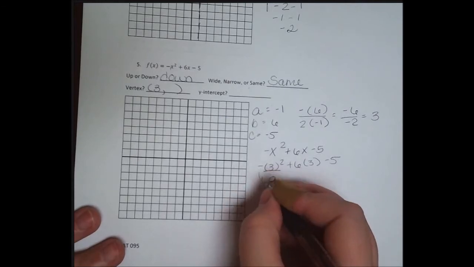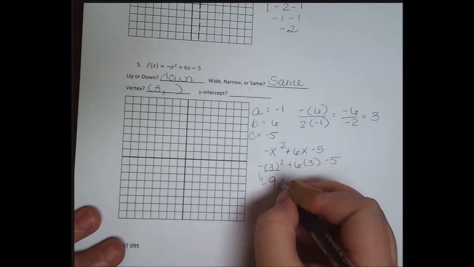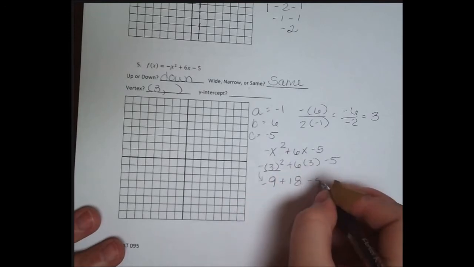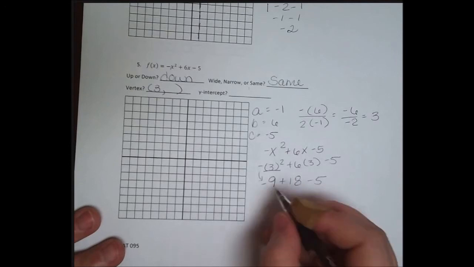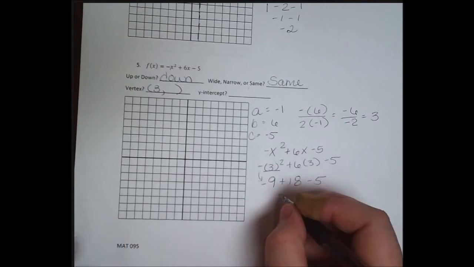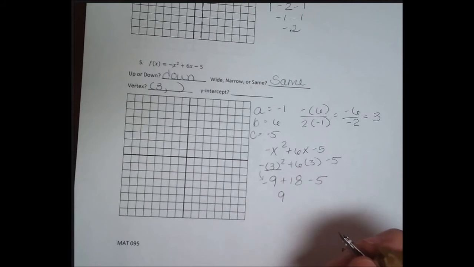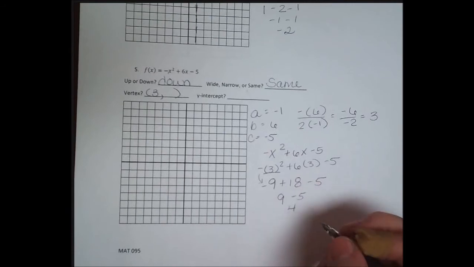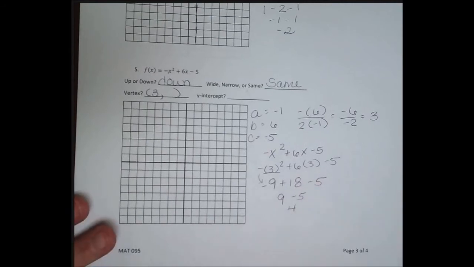Bring down your negative. 6 times 3 is 18. Bring down your minus 5. Negative 9 plus 18 is a positive 9. 9 minus 5 is 4. Okay?